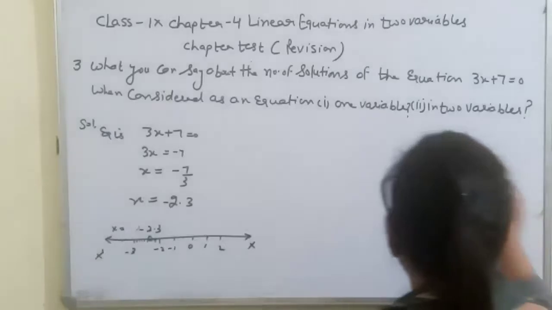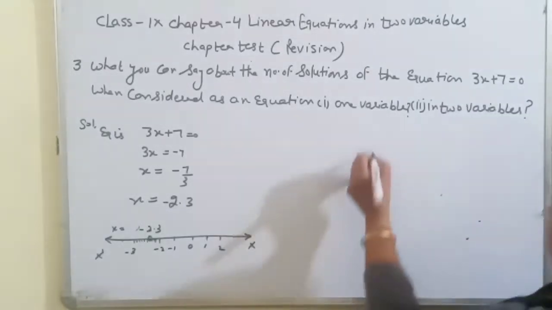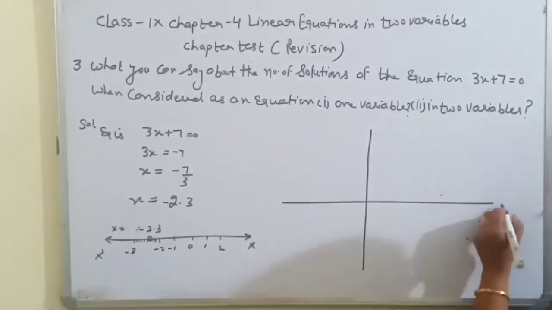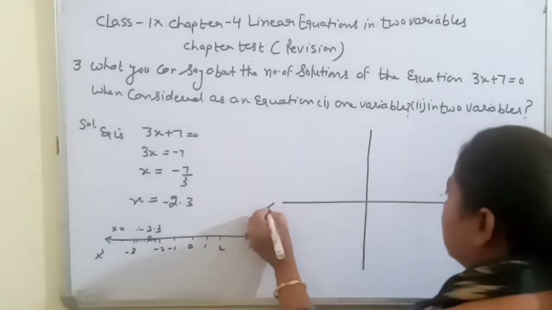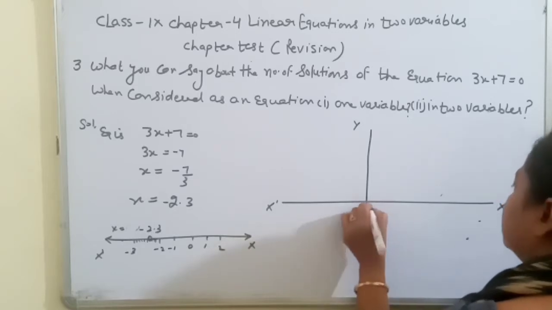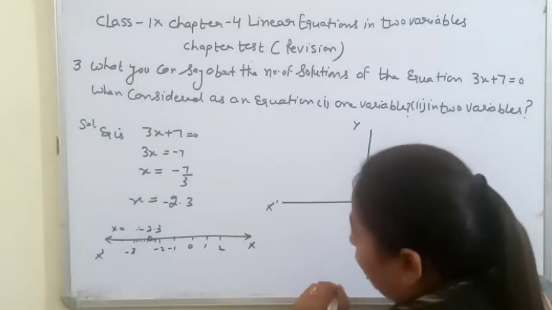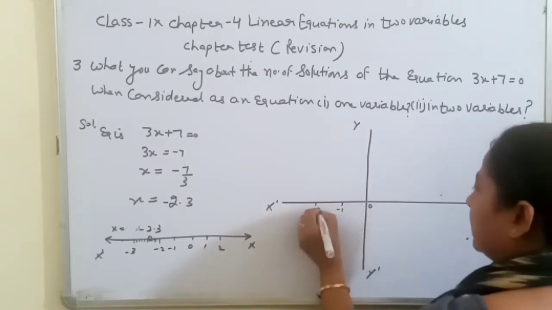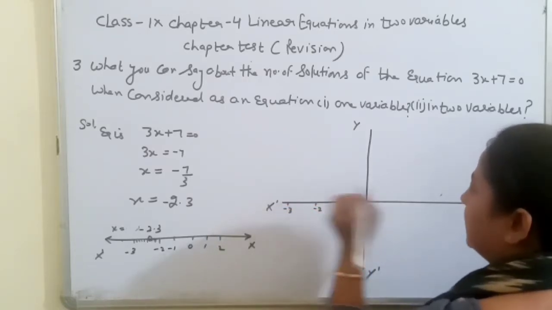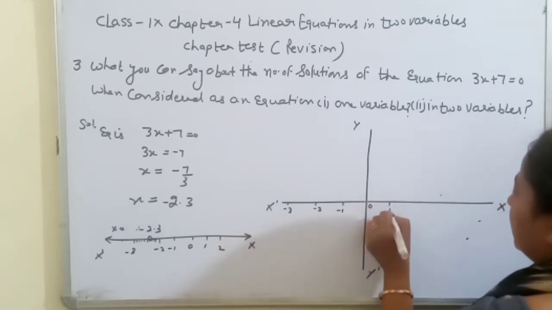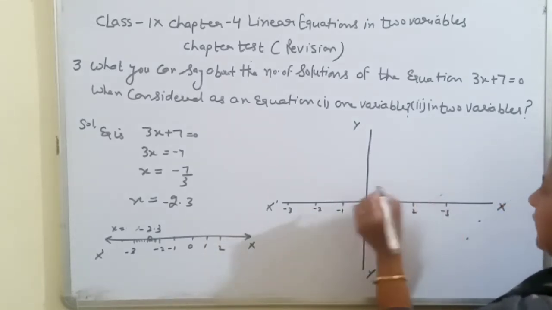Now let's see what happens when we draw it on the Cartesian plane. Take a graph sheet and draw the Cartesian plane. This is the positive x, negative x, positive y, negative y, and the origin. Now we have to mark minus 2.3: minus 1, minus 2, minus 3, then plus 1, plus 2, plus 3.